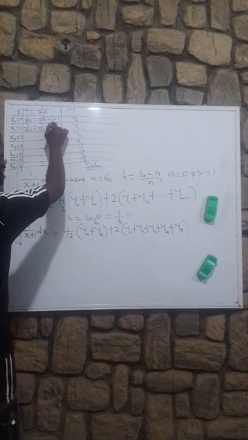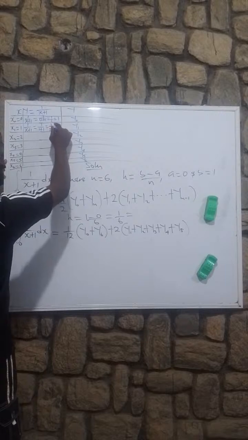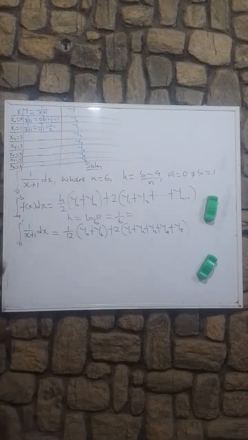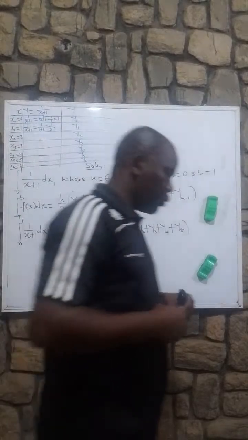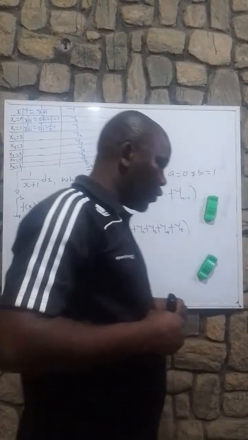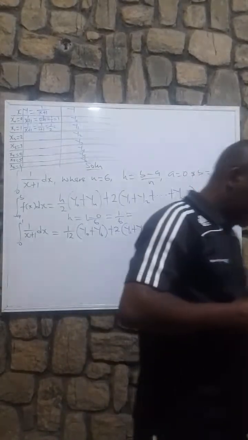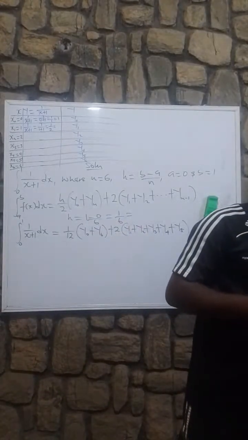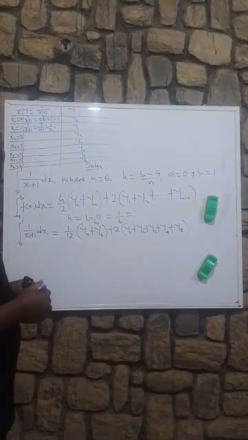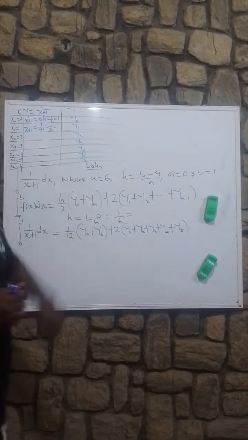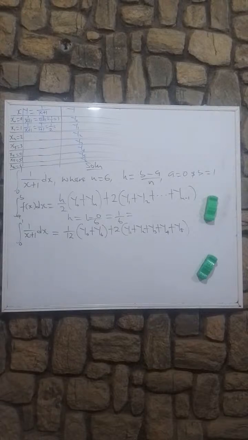This is equal to 1 all over 2. What is the answer? 0.500, right? True or false? What is the answer? Please type it. 1 all over 2.